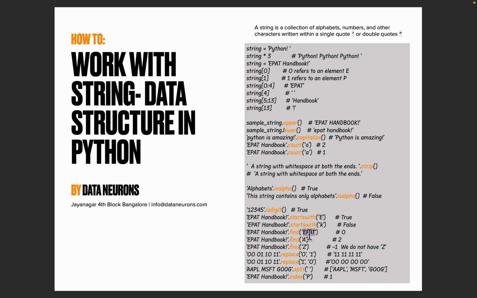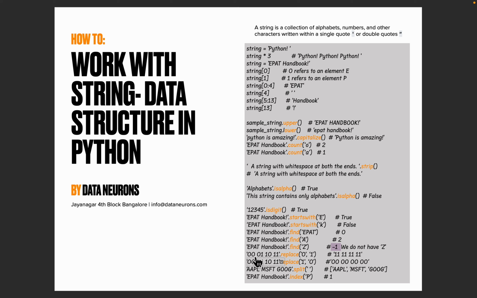Now, if you ask it to find EPAT under your string EPAT handbook, it will return the index of this word, which is 0. If you ask what is the index of A, the index of A is this one. If you ask what is the index of Z, we don't have Z, so it will return -1. Whenever you get -1, it means that this character is not present in that particular text.